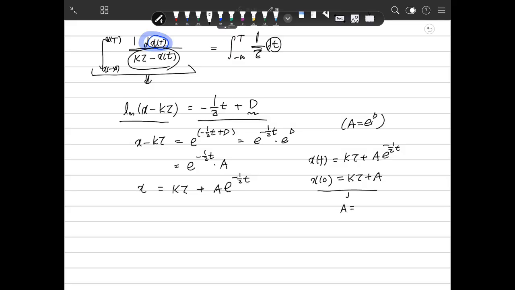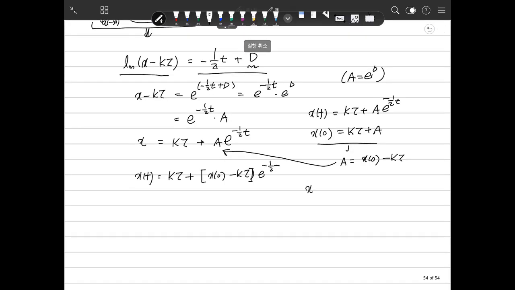So from here, a is rewritten as x0 minus k tau. So we put it in here: x(t) is k tau plus x0 minus k tau, times exponential minus 1 over tau t.